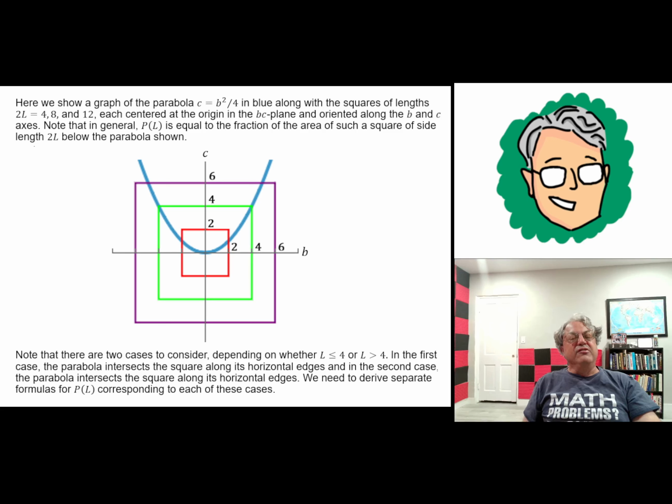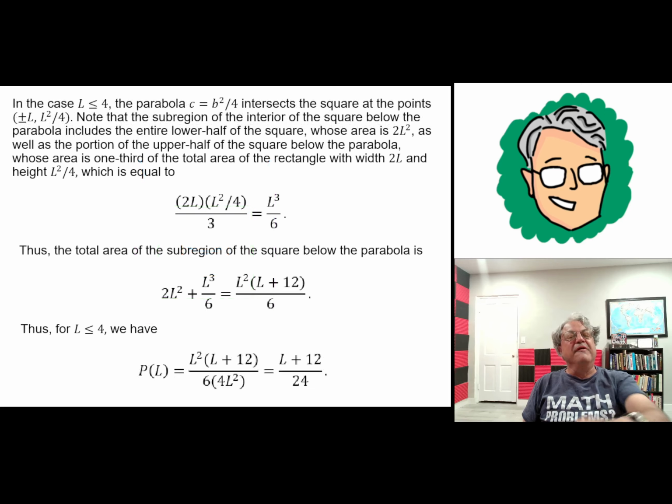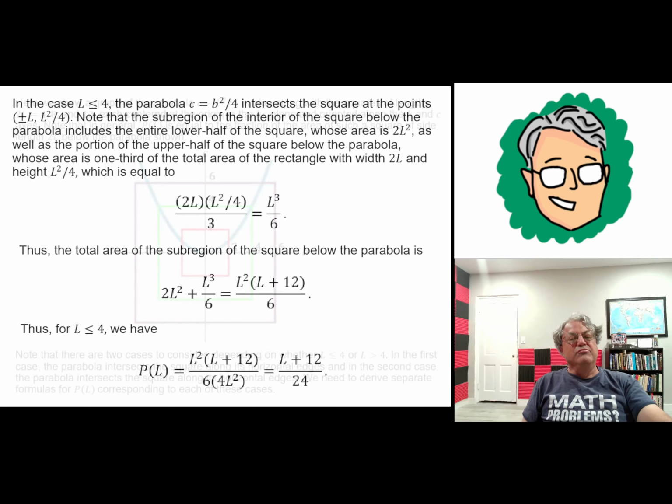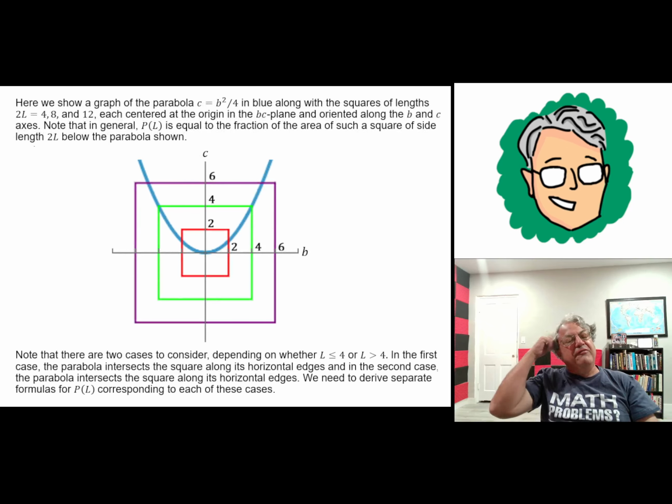Remember that the parabola has equation c equals b squared over 4, so when b is equal to plus or minus L, that means that c is equal to L squared over 4. So we have a rectangle bounding the upper portion of the square that contains the parabolic region.